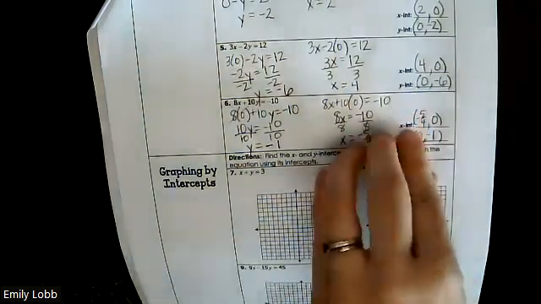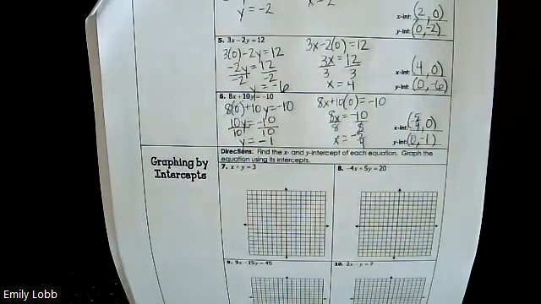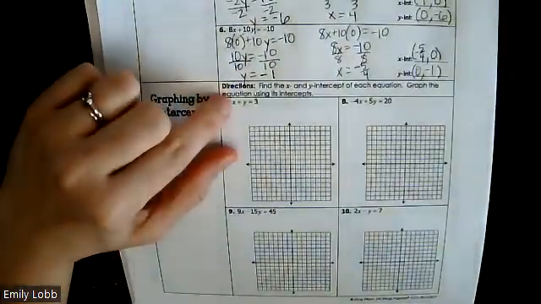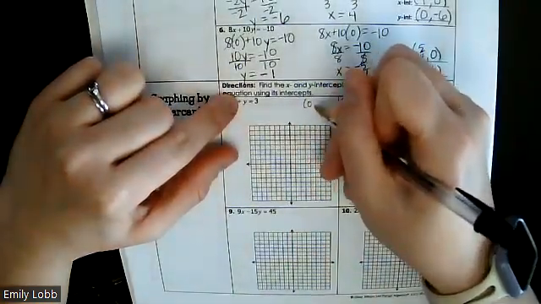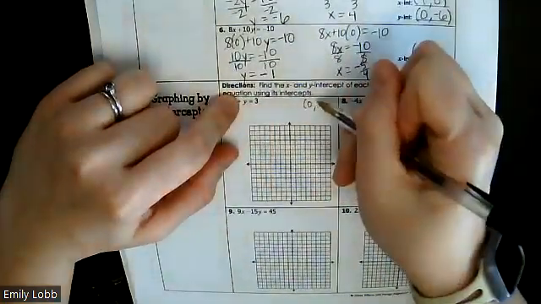All right, so if we have 2 points, we can graph a line, remember? So we're going to find the x and y intercepts and use those to draw a line. So here, if x equals 0, y equals what? 3.